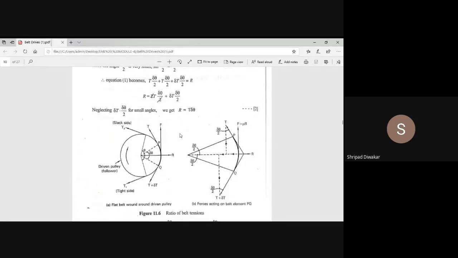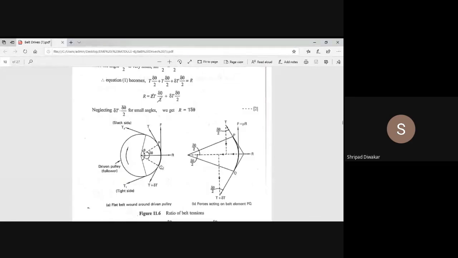Remember these three: T1 is the force acting on the tight side, where we have the driver pulley; T2 is the force acting on the loose side; and theta, as you see in the diagram, is the arc of contact between the belt and the pulley.